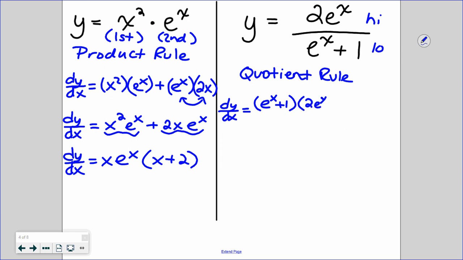It's still 2 e to the x, minus high, which is 2 e to the x, times derivative of the bottom function. Derivative of e to the x is e to the x. Derivative of 1 is 0. So we're done. All over low squared.